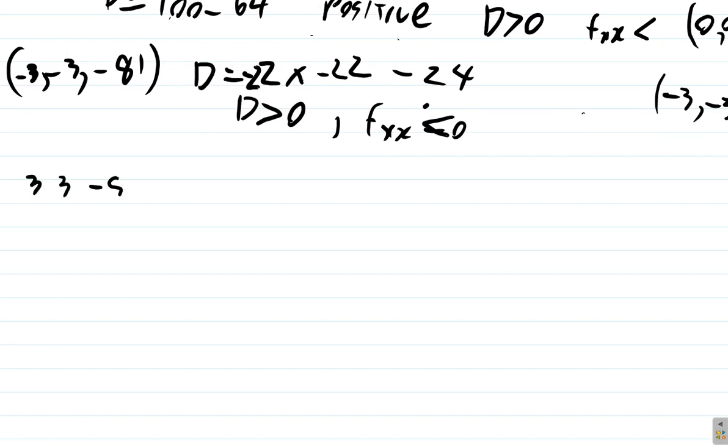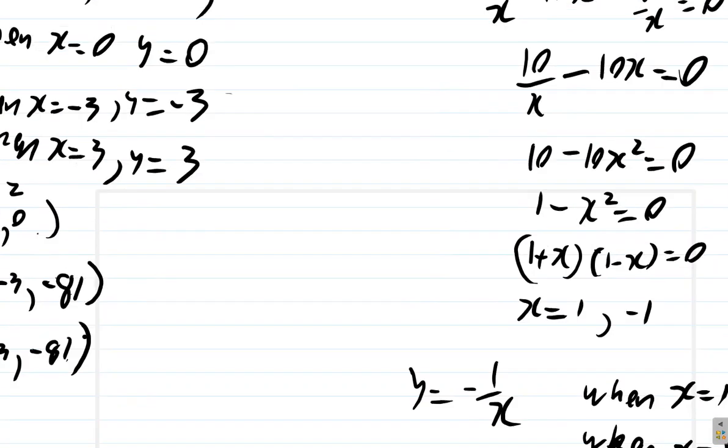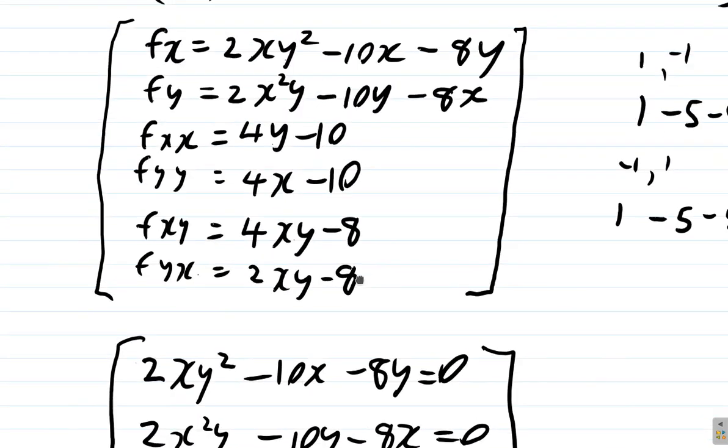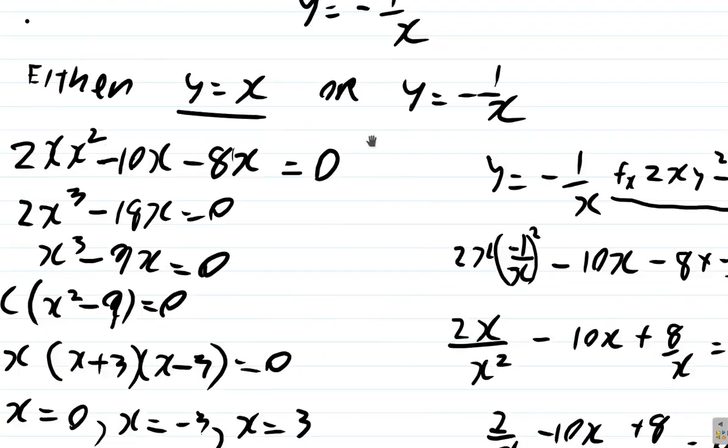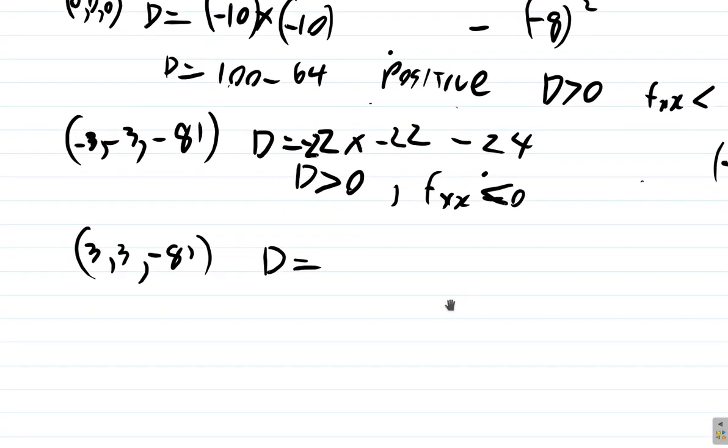What about 3, 3, negative 81 now? Positive 3, negative 81. What happens at that point? D will be equal to, now, both x and y are positive. At fxx, 4 by 3 is 12, 12 minus 10 is 2. It's positive. So at 3, we have positive 2 times, I think it's going to be positive 2 as well. Let's just check and make sure.